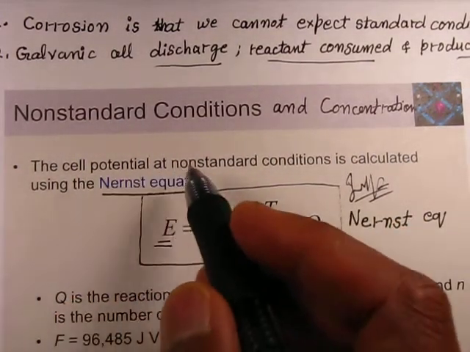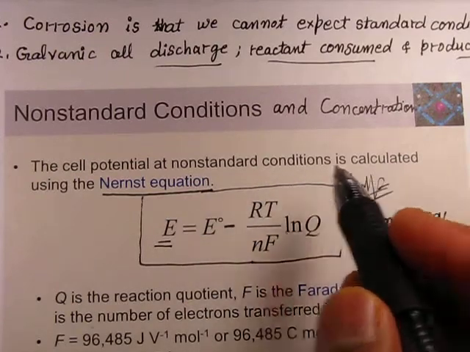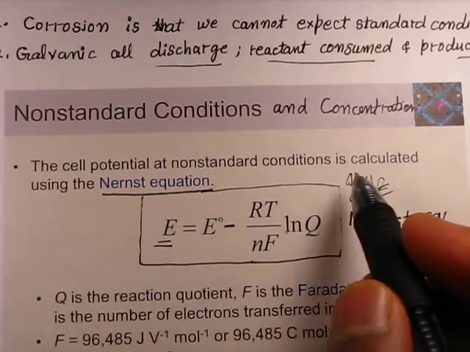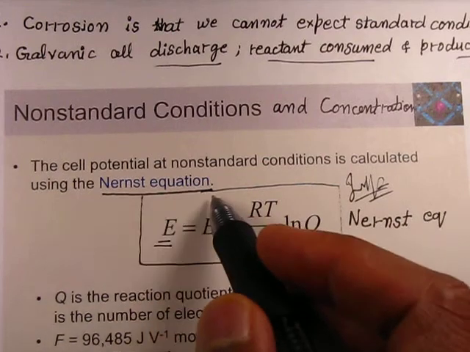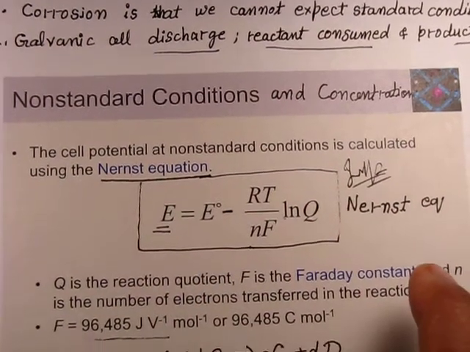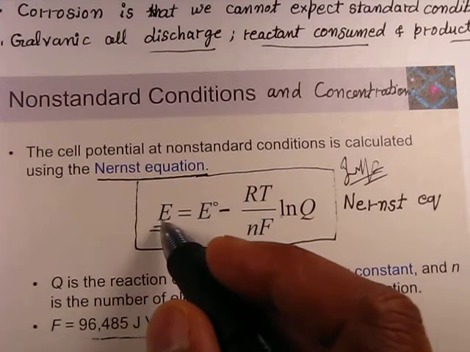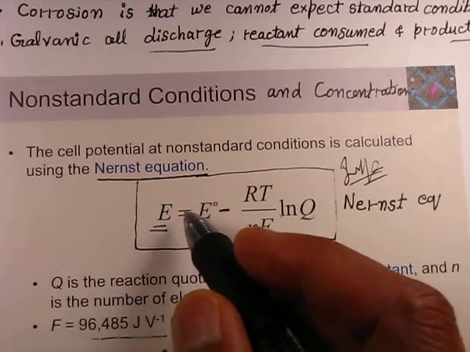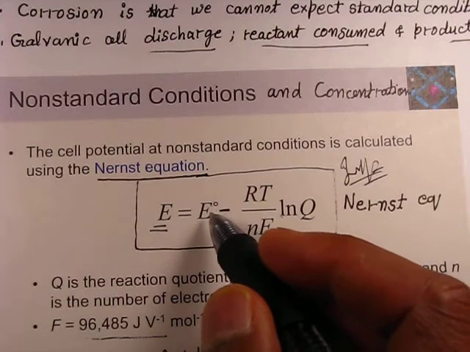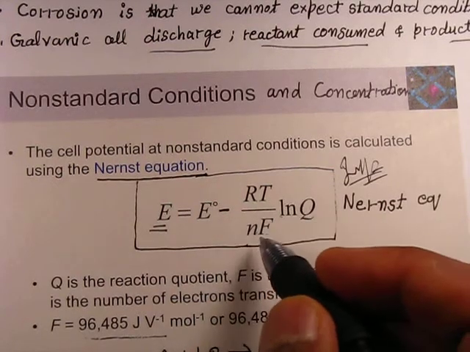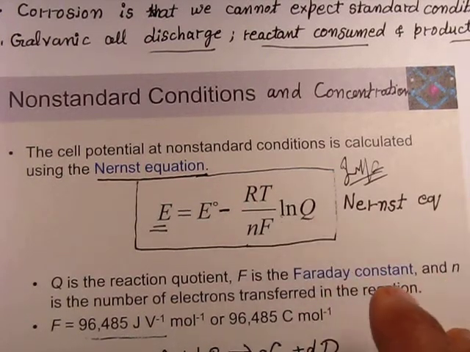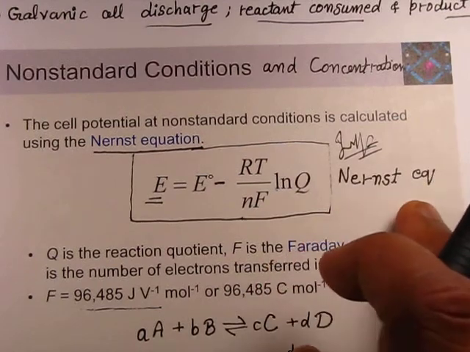So cell potential at the non-standard condition is calculated using the Nernst equation. According to the Nernst equation, E, which is E cell at non-standard condition, is equal to E naught, the standard cell potential, minus RT over nF natural log Q. This is a very important equation.